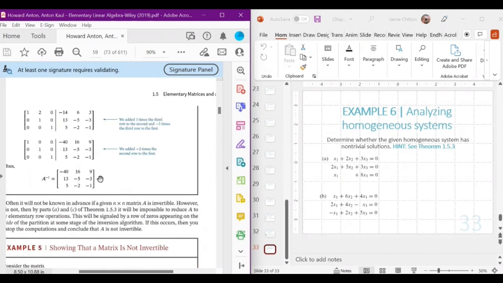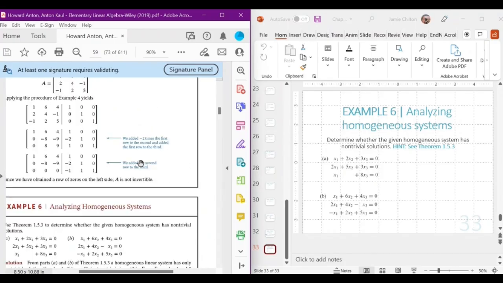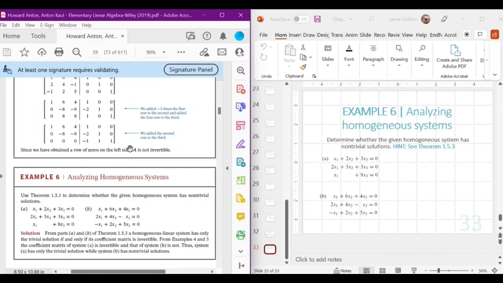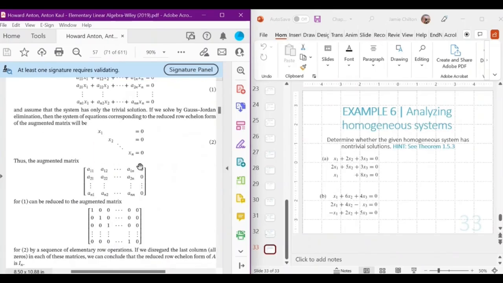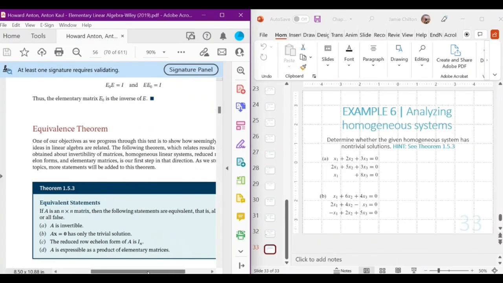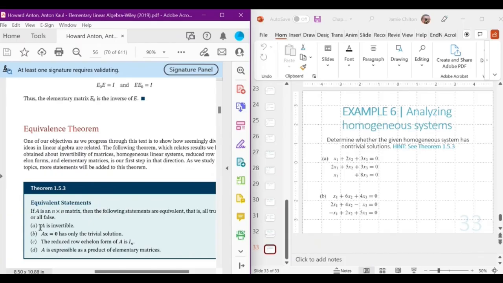Okay. So here, we're going to be looking at, where's that equivalence theorem? Okay, it's up here somewhere. Ah, here it is. So now hopefully you have a better understanding of what this AX equals 0 is. It's telling you that a set of homogeneous linear equations, if they're all represented by this single matrix equation here, will only have the trivial solution.